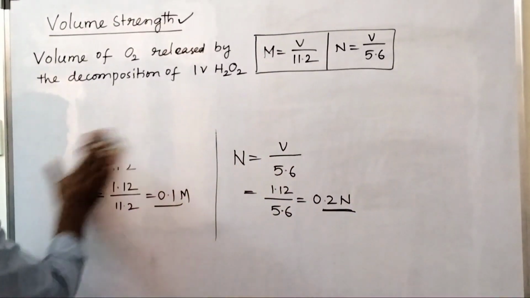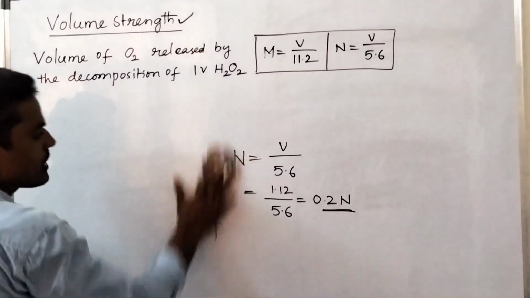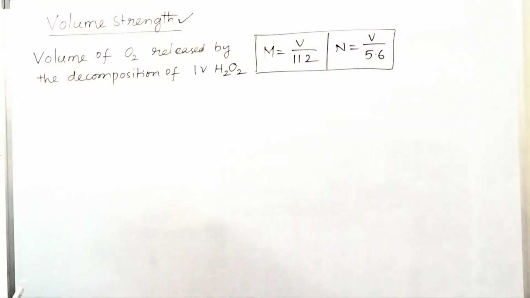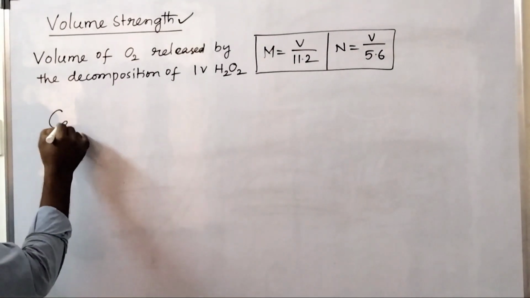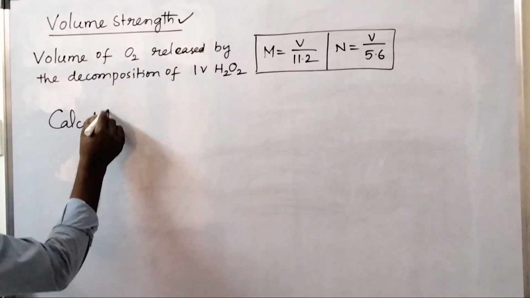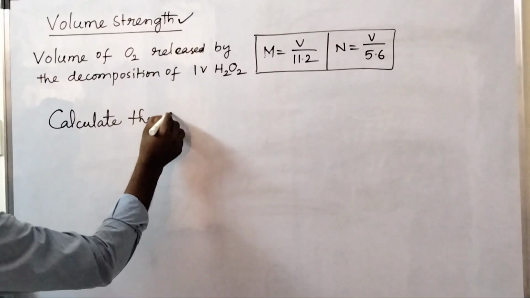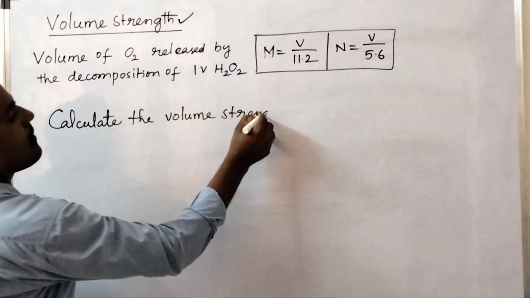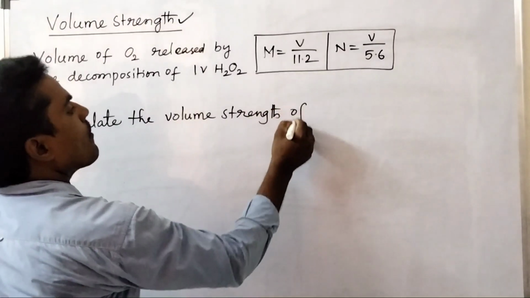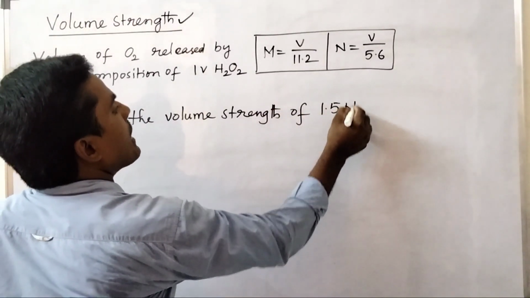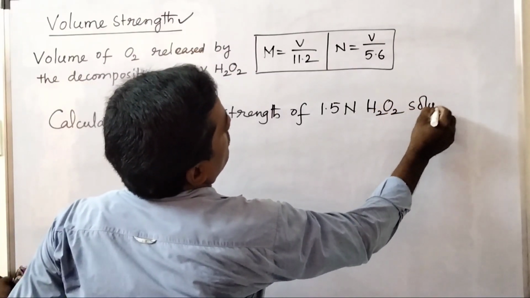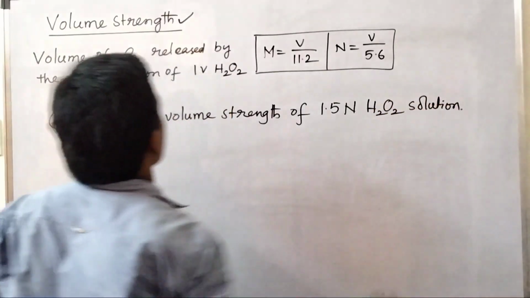Calculate the volume strength of 1.5 normality H2O2 solution.